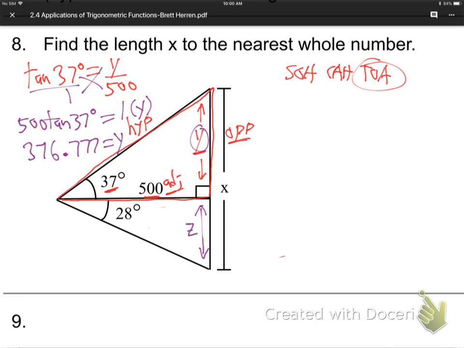So we can do another trig thing. This would be the opposite, and this is still the adjacent. So it's tangent again, isn't it? It's going to be tangent of 28 degrees is opposite Z over 500. And once I find Z, then I can just add the Y and the Z, and they make up the whole X, don't they?